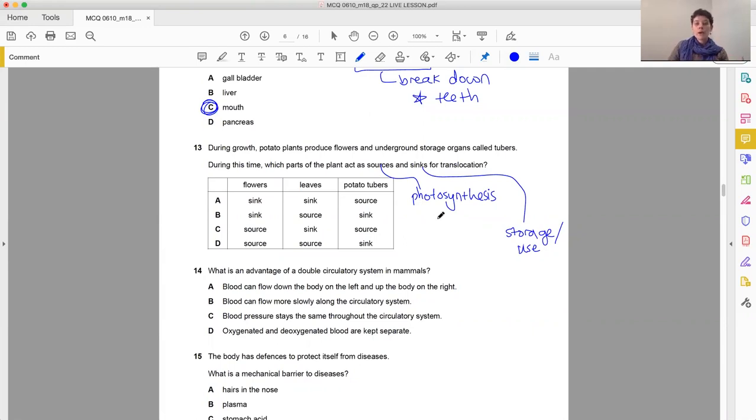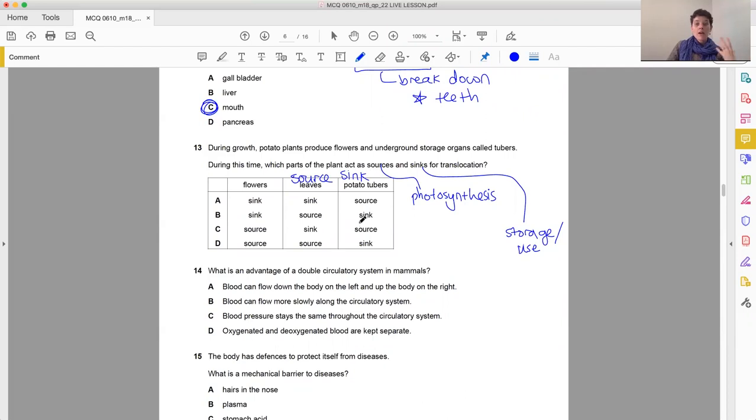So if we think about where photosynthesis occurs, photosynthesis is occurring in the leaves. So these guys are our source. Potato tubers are very much a storage organ, very good for us. Okay, so those guys are a sink. And flowers, also, they're not photosynthesizing.